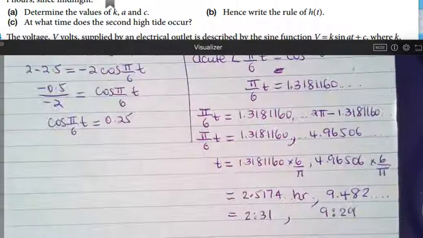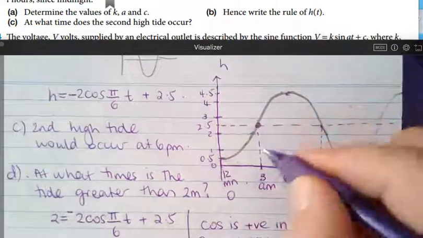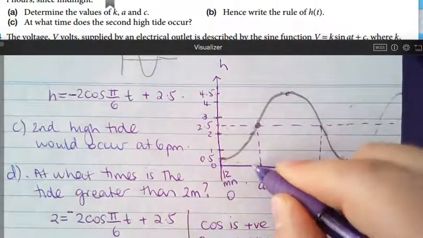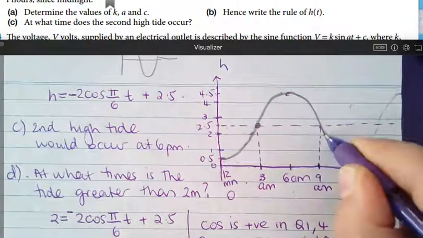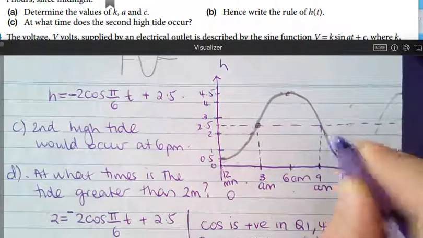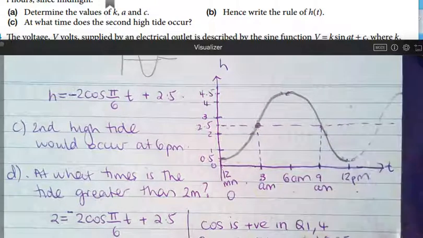So therefore, now looking back at the graph, 2:31 and 9:29, look at our graph. 2:31 is before 3 a.m. and 9:29 is after 9 a.m., and the height is lower than 2.5 meters at that time. Can you see it? It's after those times.